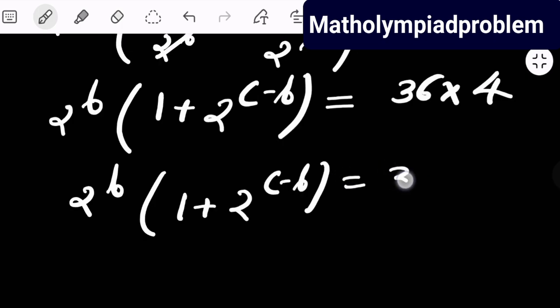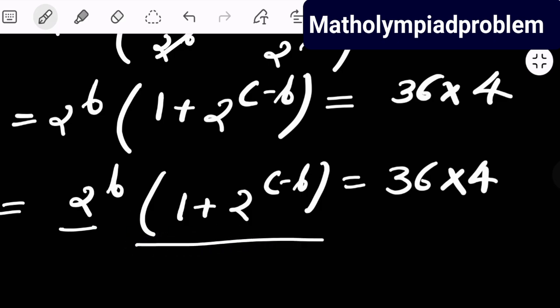So this will be 36 multiplied by 4. Now we have this value. This is 2 raised to b, and this is 1 plus 2 raised to c minus b. When you find the product of 2 raised to b and 1 plus 2 raised to c minus b, the result is 36 multiply 4.